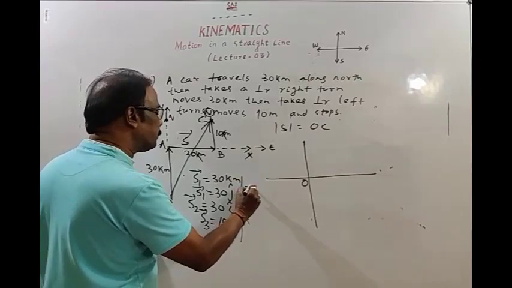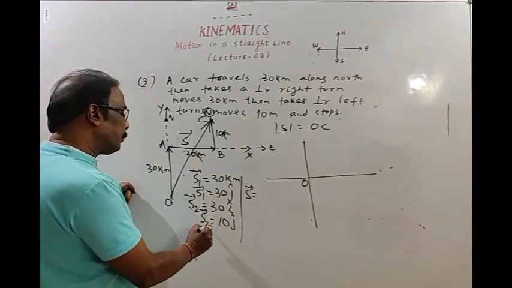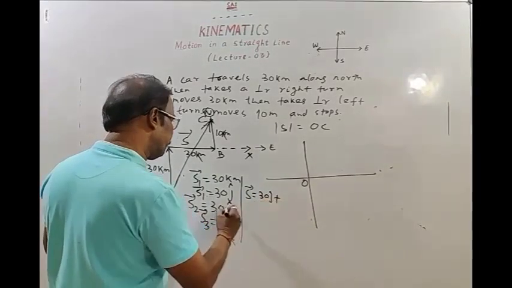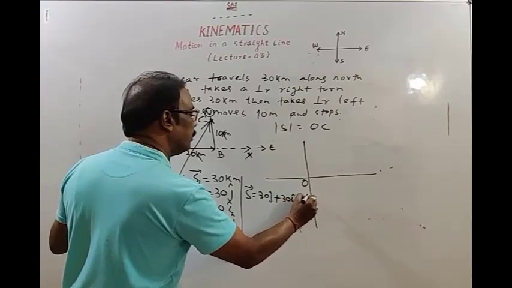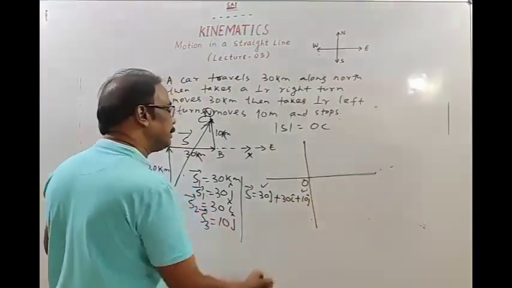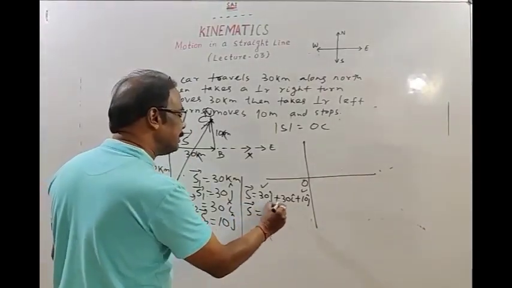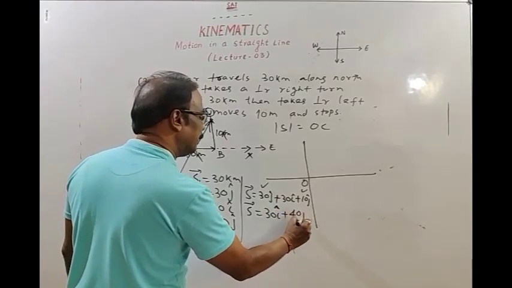So total displacement in vector form is S1 vector plus S2 vector plus S3 vector. S1 vector is 30 j cap, plus S2 vector 30 i cap, plus S3 vector 10 j cap. See, 30 j cap and 10 j cap are along the y-axis. So the resulting displacement is 30 i cap plus 40 j cap.